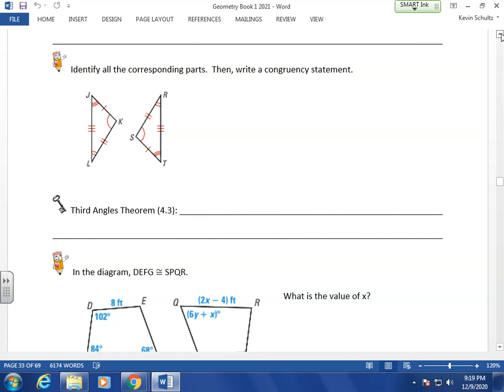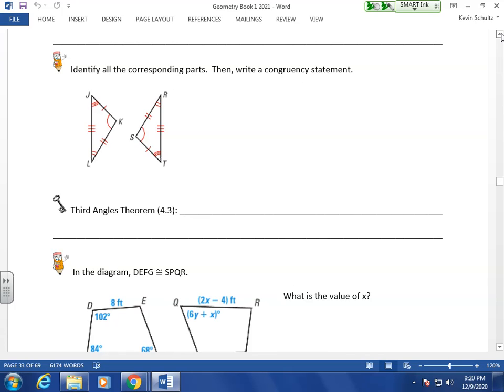Which means that the three sides of one triangle are congruent to the corresponding sides of the other triangle, and the three angles of one triangle are congruent to the corresponding angles of the other triangle.